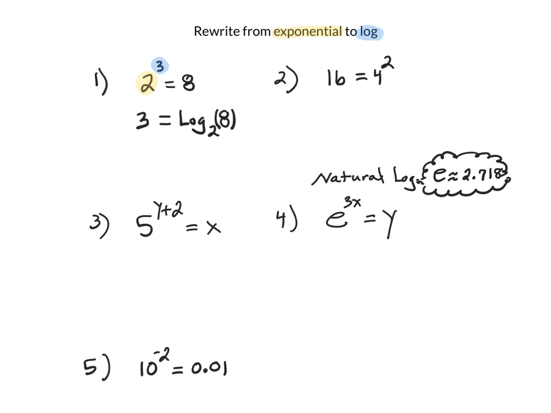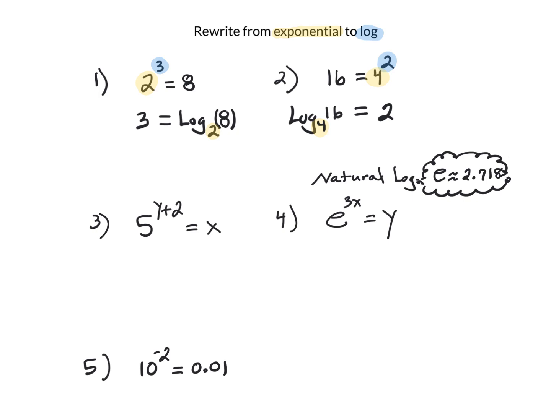So let's do the next one. The exponent goes on the side that the exponent was written. So 2 is equal to log base, and whatever the base is of the exponential is always going to be the base of the log. So this is going to be log base 4 of 16.